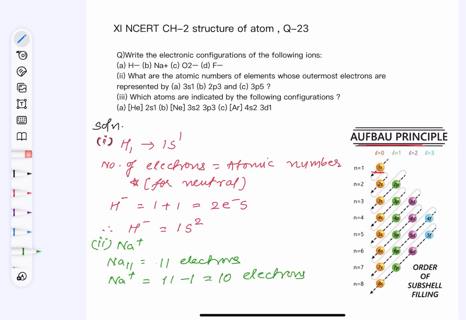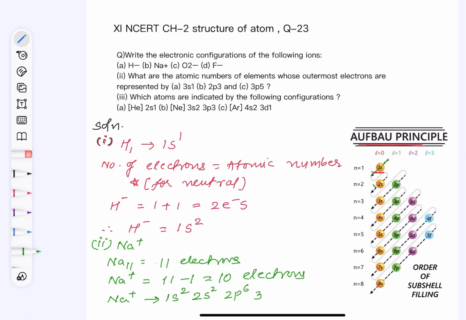So how would we write the configuration for Na plus with 10 electrons? Start filling from here: 1s2 is filled, because s can accommodate a maximum of 2. Then 2s2, then 2p6.